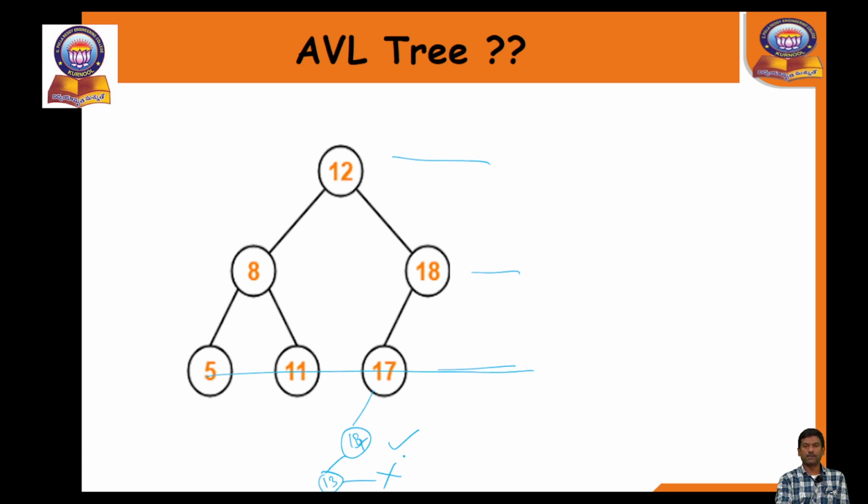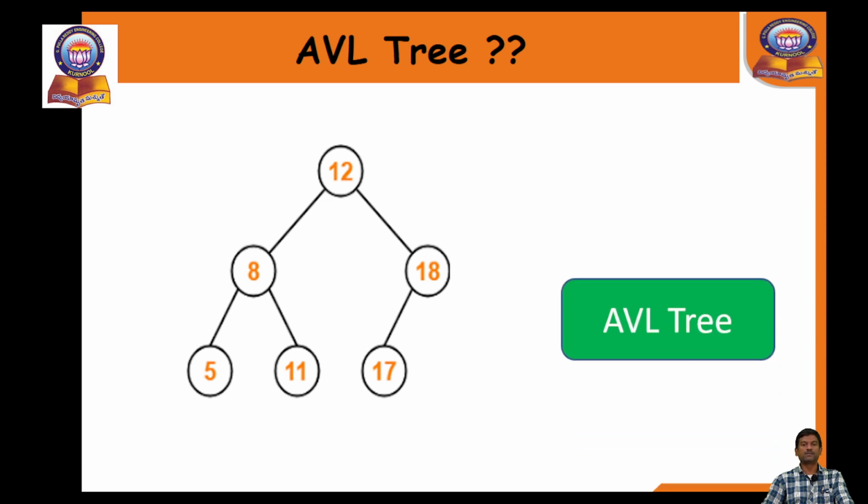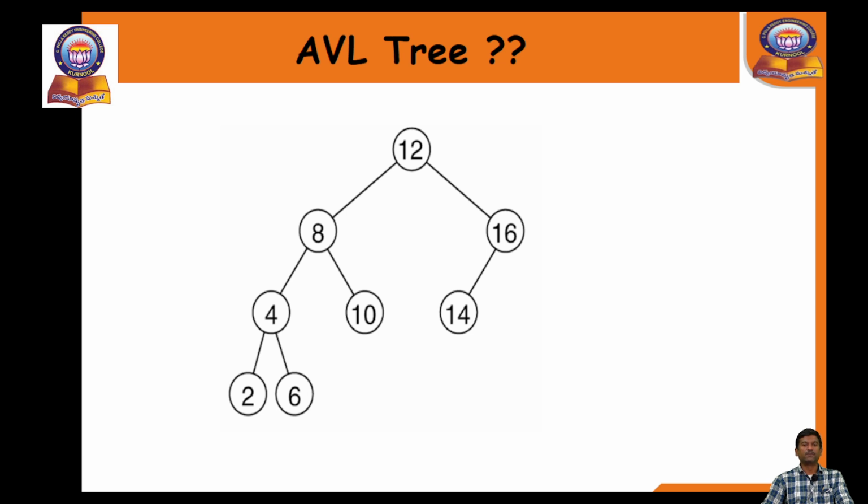One level down it is okay, but one more level further down we can say it is not an AVL tree. But as far as this diagram is concerned, the balance factor does not exceed the range -1, 0, 1, and that is how we can say this is an AVL tree.